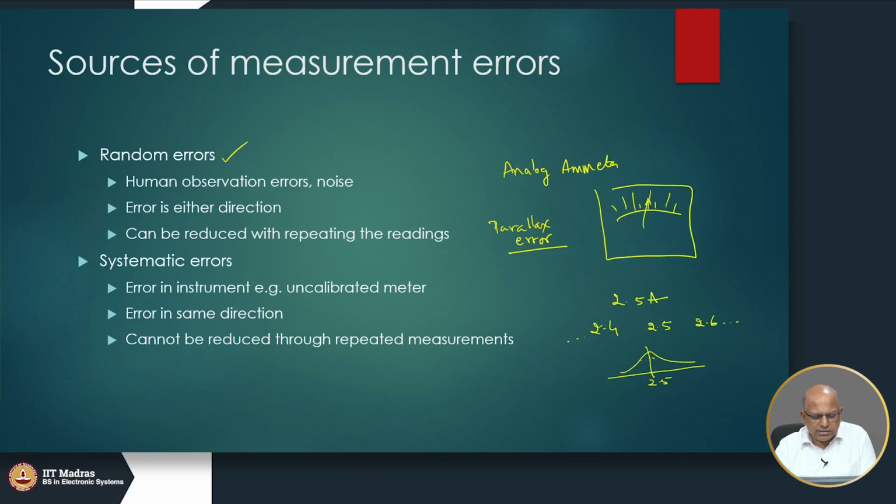Whereas sometimes there may be a systematic error. Some people also call it a systemic error. So, for example, the meter has not been calibrated correctly. How do you calibrate the ammeter?